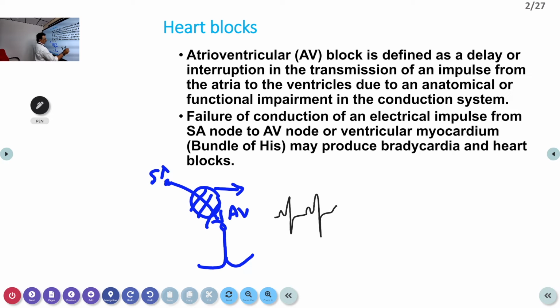If there is a conduction defect, sometimes only one may be delayed, that is first degree heart block. Second, P waves may come but there is no QRS. Ultimately it will lead to bradycardia, the heart rate will become low. So that is the problem of heart blocks. Different types of heart blocks can sometimes produce severe bradycardia.